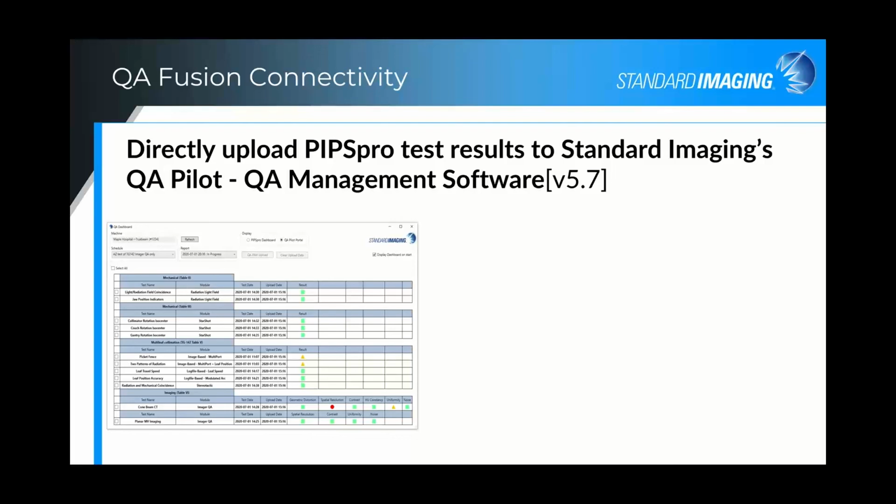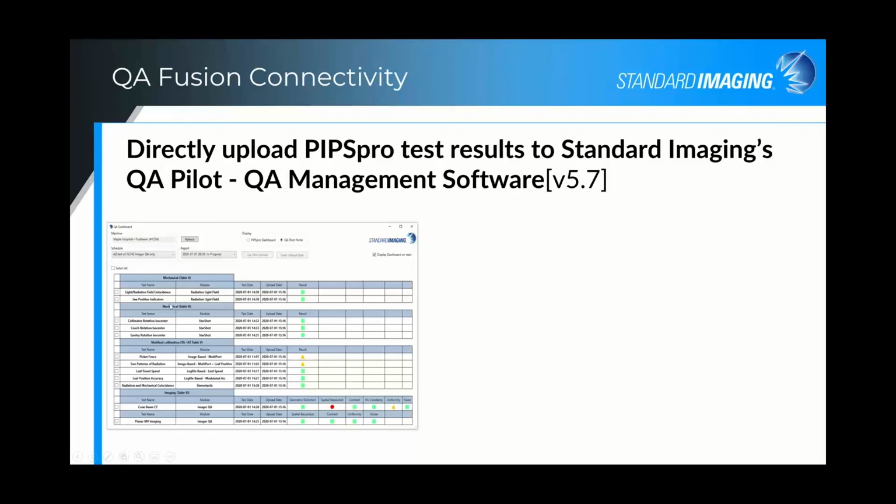But we released PIPSpro version 5.7 late last year, I guess it was. And with that, we incorporated what we call a QA Pilot portal. It looks very similar in some respects to that dashboard I showed you, but you can actually pick and choose what tests you want to directly upload into QA Pilot.